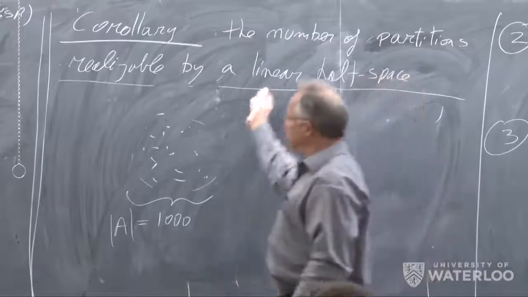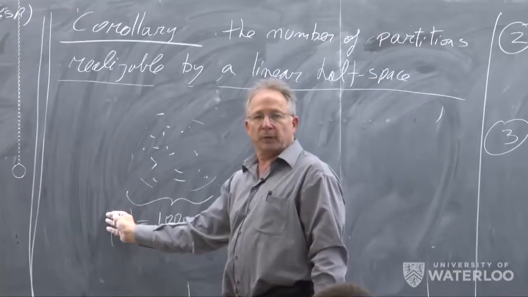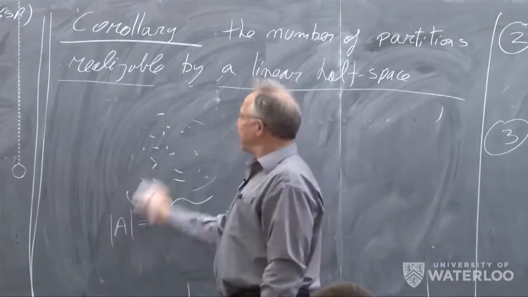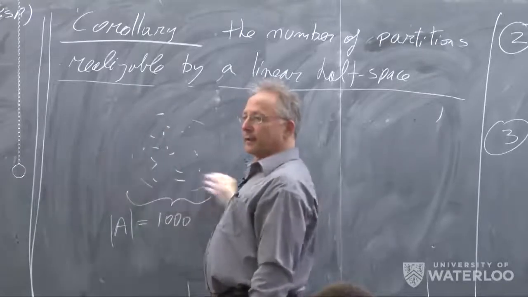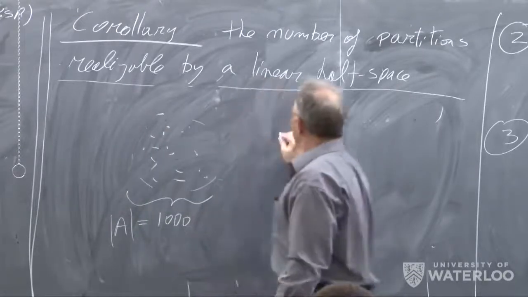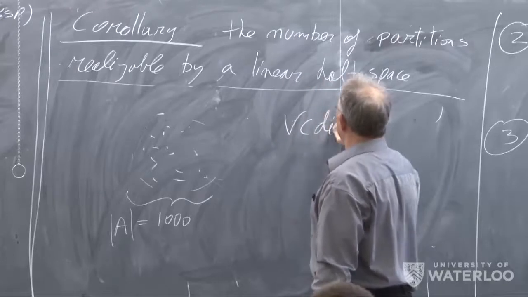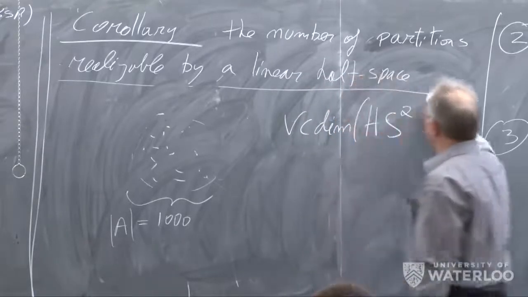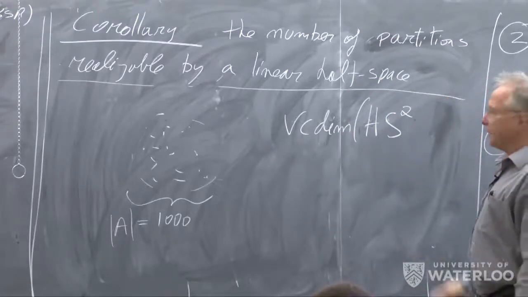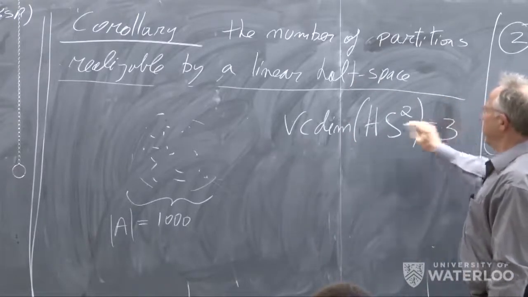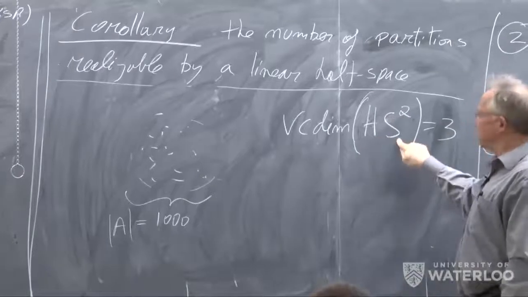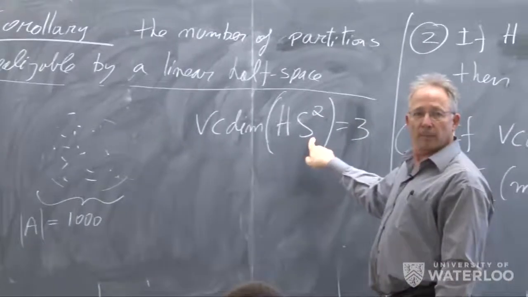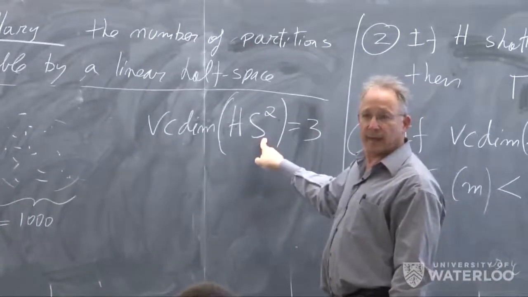If I want to cut it with a straight line, I need to know the VC dimension of the class of all straight lines in the plane. We know that the VC dimension of straight lines in dimension 2 is 3. Last time we talked about the homogeneous half spaces, which go through the origin and have VC dimension n.